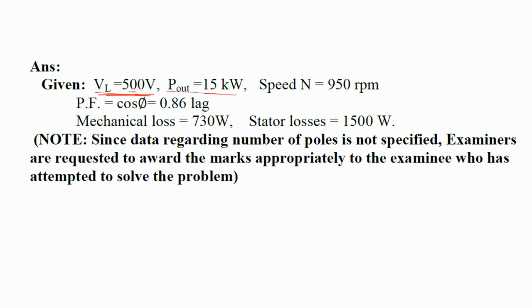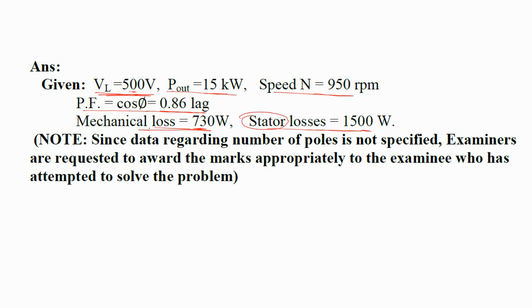The output power, that is mechanical power, is 15 kilowatt, that is 15,000 watt. The actual speed of the motor is 950 rpm. The power factor is cos phi 0.86 lagging. Mechanical loss, that is friction and windage loss, is 730 watt. And the stator losses, both copper as well as iron losses, are 1500 watt. So this is related only with the stator circuit.